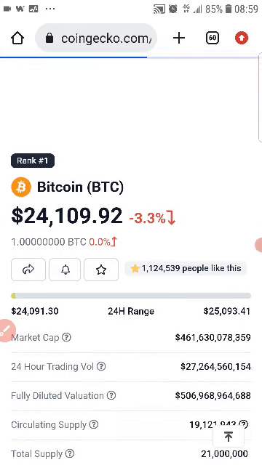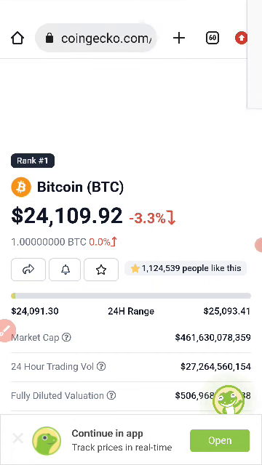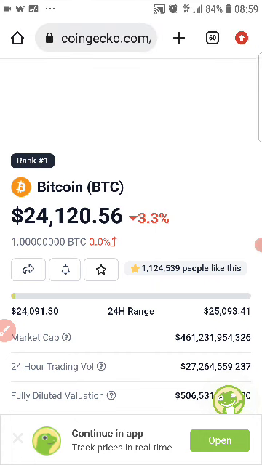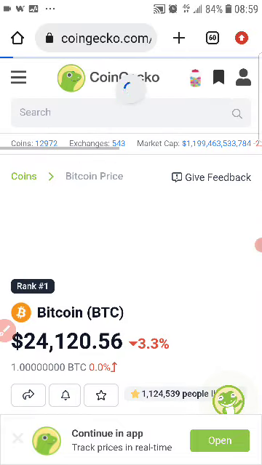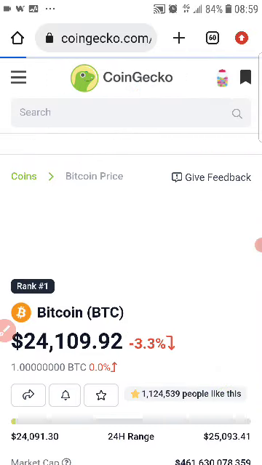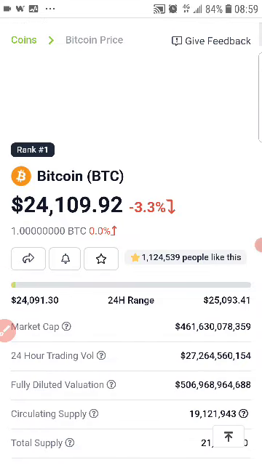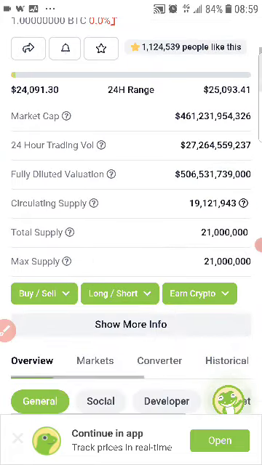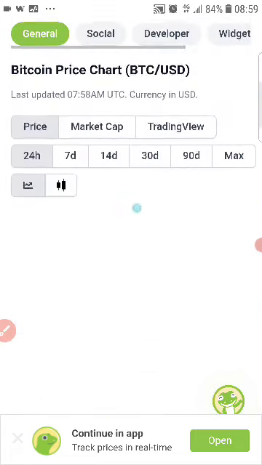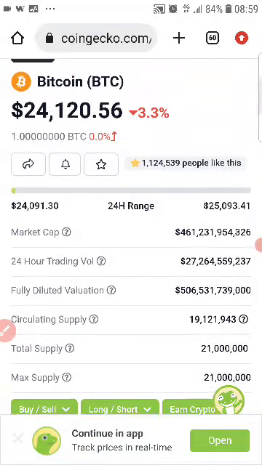Now this is the current price of Bitcoin, 24,120. Okay, the price is changing, but that is what we're having.